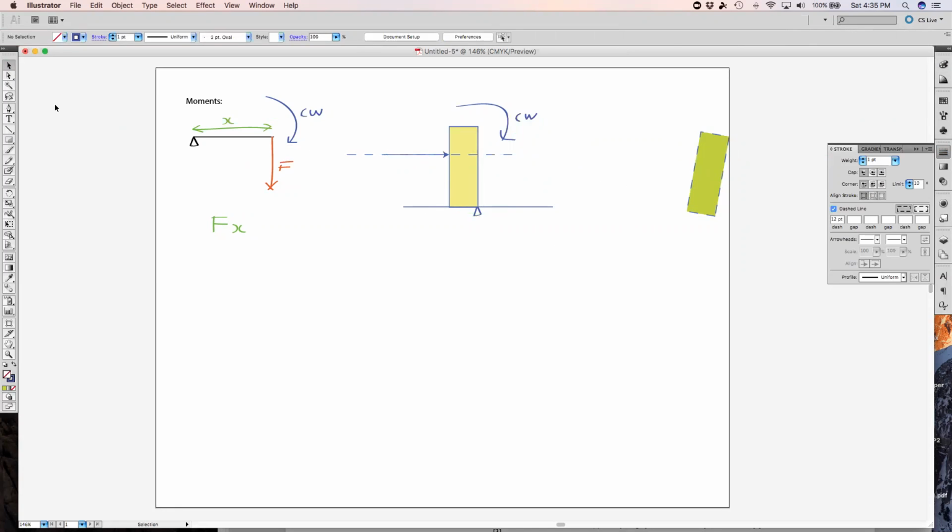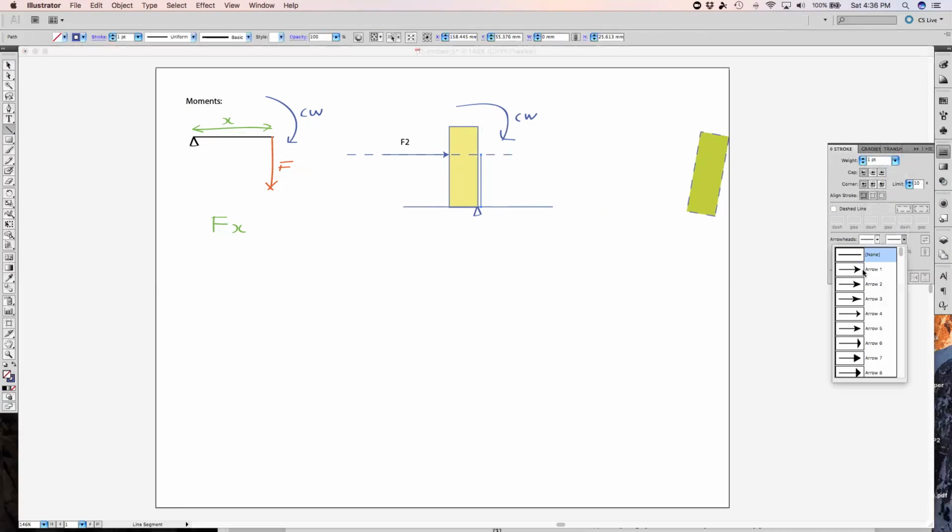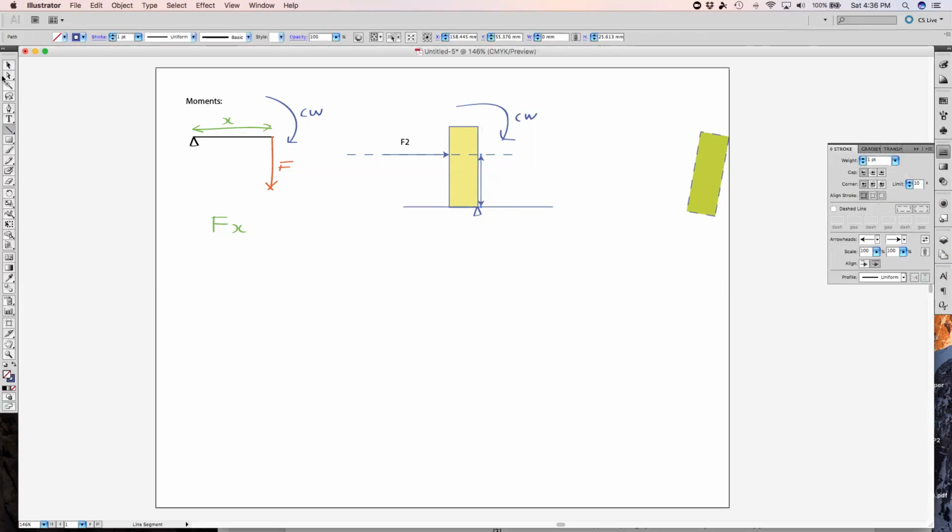The moment of this force, which I shall call F2, is, again, the force multiplied by the distance, and the distance in this case is the perpendicular distance, the distance from here to here. That's what the distance is going to be. All right.